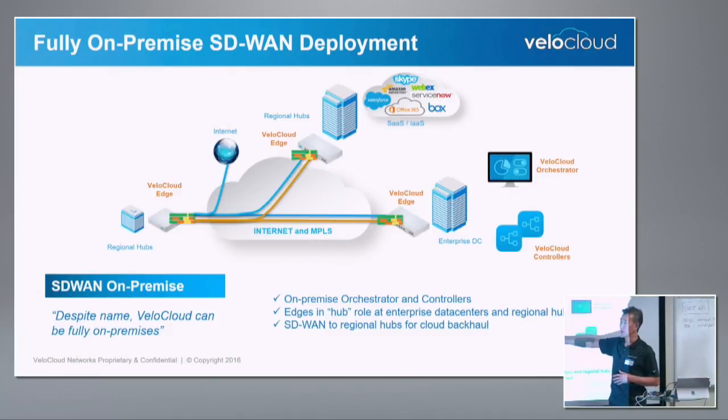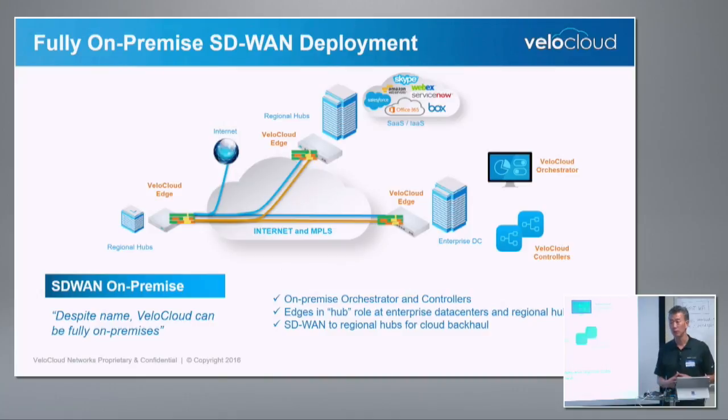There are no cloud gateways, all the hubs are on premise in a data center, and we have a clustering capability that can scale to the largest data centers and the largest number of sites for the customer. So bottom line, despite the name, we can also do a fully on-premise deployment. But as you saw on the previous slide, if you have traffic going to the cloud, there really is an advantage to use a cloud gateway for cloud-destined traffic.